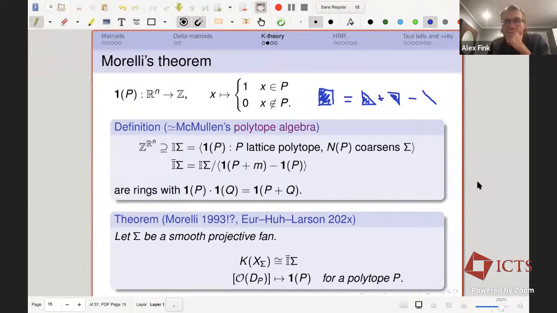And the Chow ring, is there a description of that? Oh yes, I left that out of the slides because I thought that might be familiar to this audience, but maybe I shouldn't have done this. The description of the Chow ring is given by tropical intersection theory.